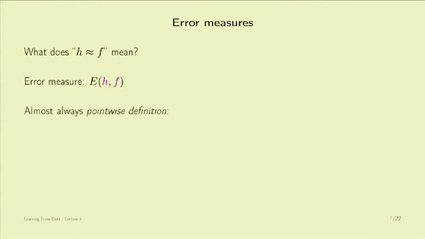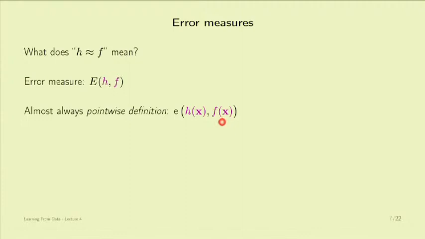So the error function, in principle, returns a number for a pair of functions, but it is almost always defined in terms of difference on a particular point, and then you put these points together. So that's the point-wise definition. You define a small e that goes with the capital E that also takes two arguments: the value of h at a particular point and the value of f at the same point.